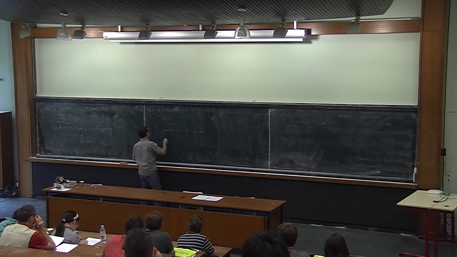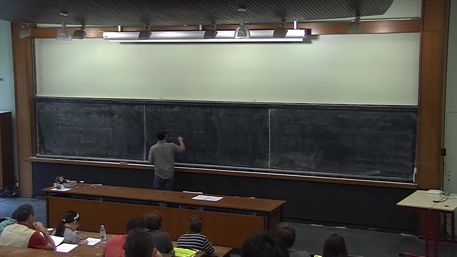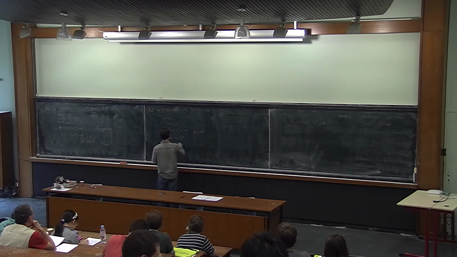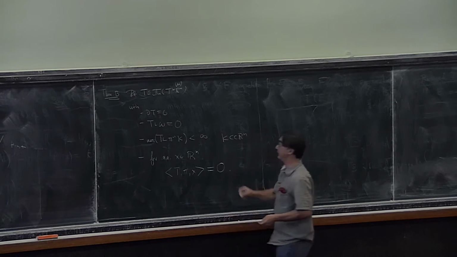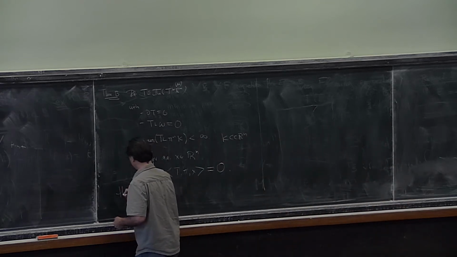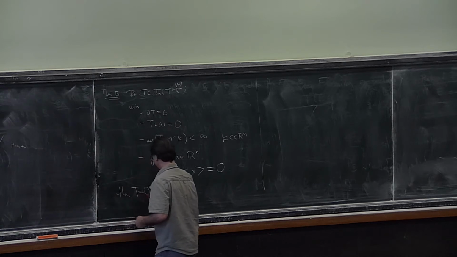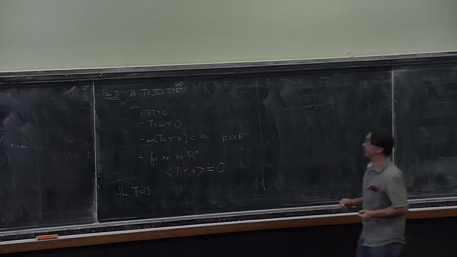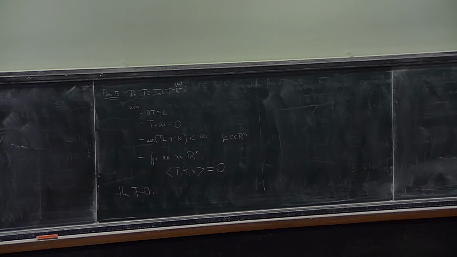And finally, for almost every x in Rn, if I slice T by the projection to Rn at x, and all those slices are 0, then T is 0. Okay, so these are the formal theorems that are somehow at the root of this approach.